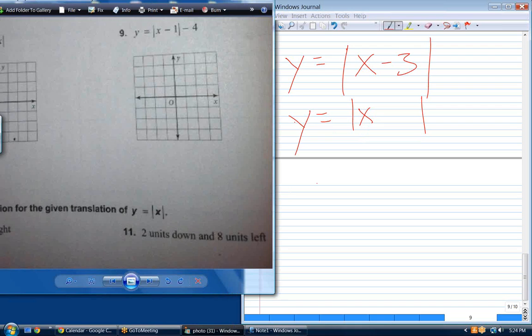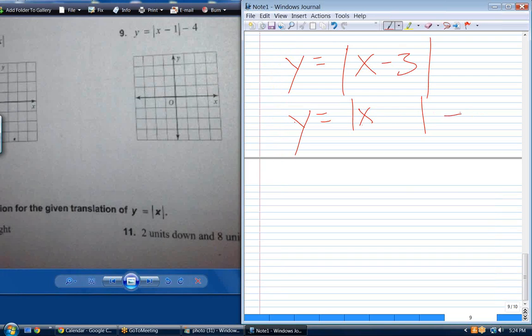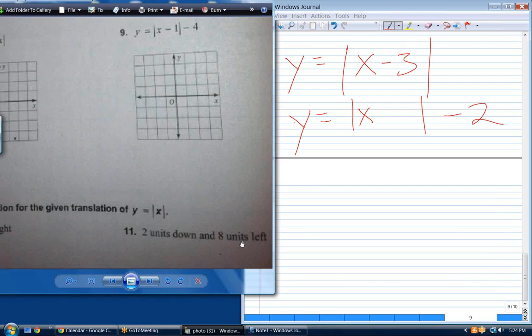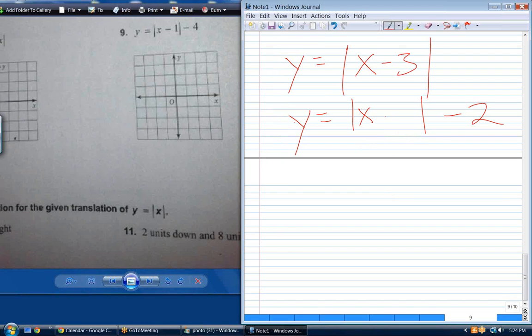Okay, the inside is the horizontal movement. Outside is the vertical. So the 2 units down is going to be -2 outside the absolute value. The 8 units left has to be inside the absolute value. Is it going to be -8 or +8? +8.